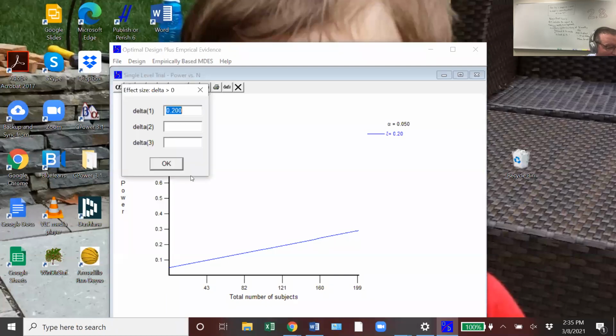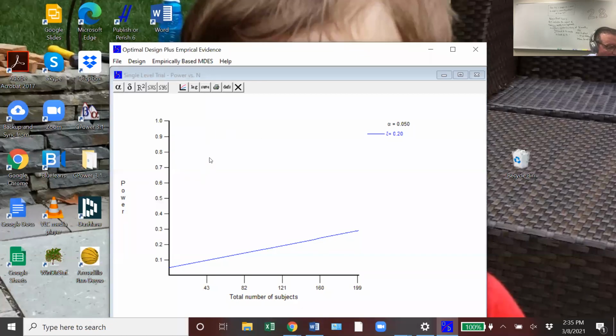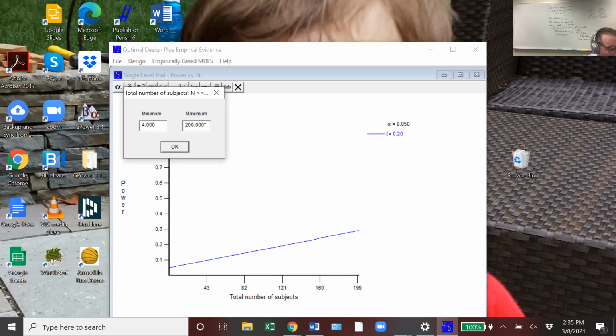Effect size, we want to be able to detect the 0.2 standard deviation effect size, so that's okay. And we want to know how many subjects, but the default graph only goes up to 200. So we need to rescale. That's the range of the x-axis. Let's go all the way up to 1,000.